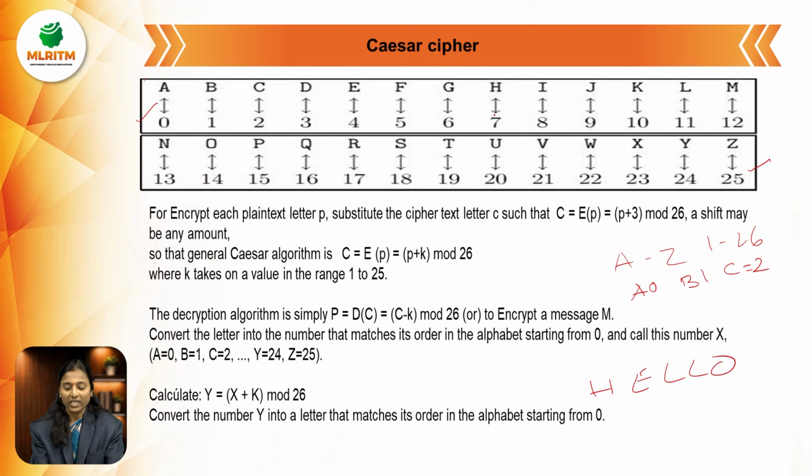H-E-L-L-O. H is shifted by 3, meaning I-J-K, so H is replaced with K.